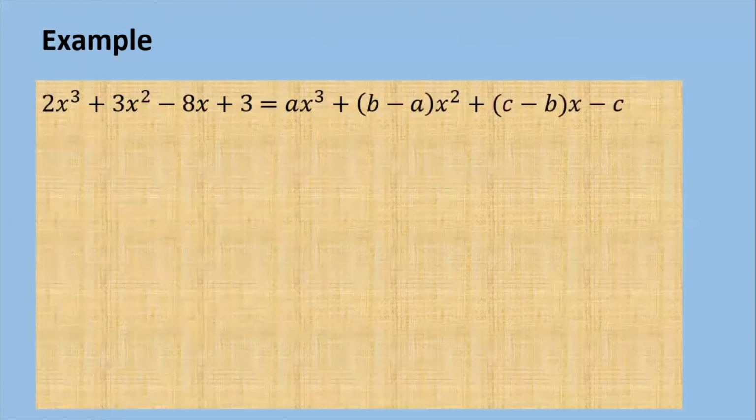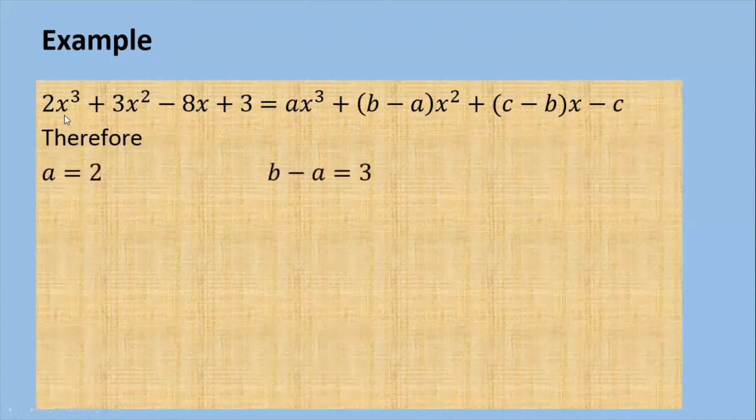Now, what do we need to do? Well, you will compare coefficients, okay? So let's compare. Here we have ax cubed, and there we have 2x cubed. So we can say that a equals 2. Straightforward. Now, what about b minus a? It is the coefficient of x squared.